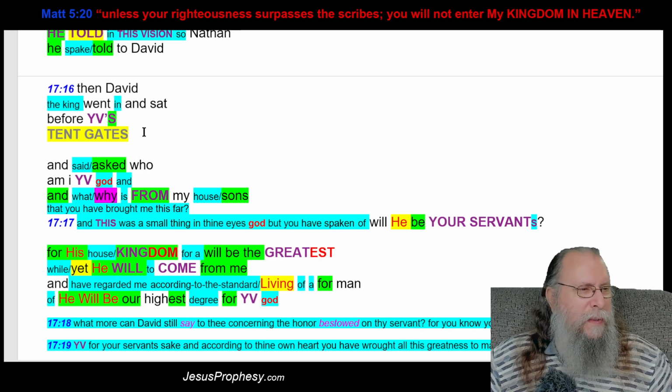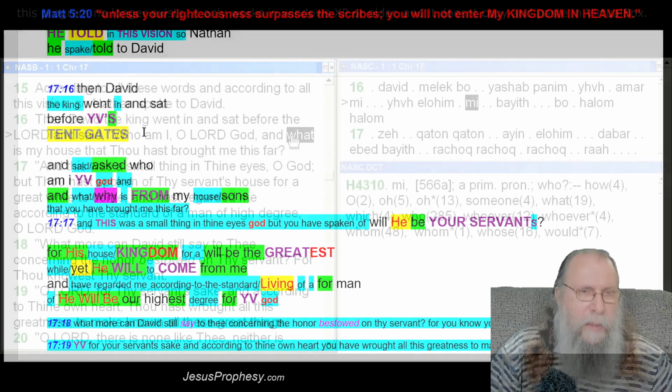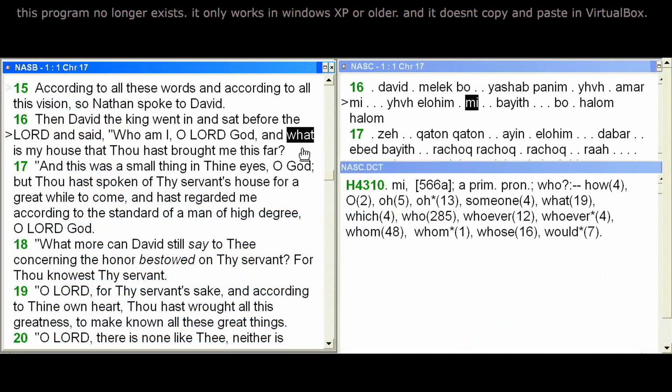Okay, and now 16 is, what was the word what? Now, when I show it here, I've got the word why, and you can see that the word why is not down here. But you can see that's pretty much the what, why, when type of grouping.